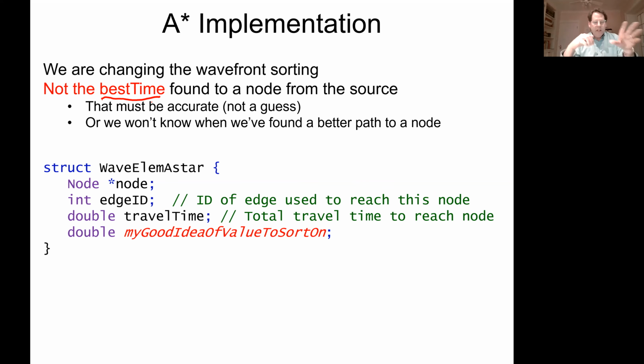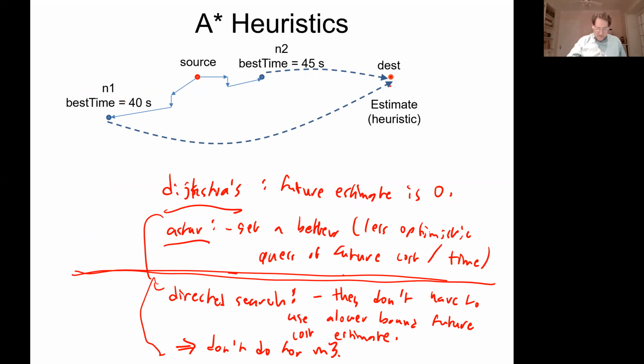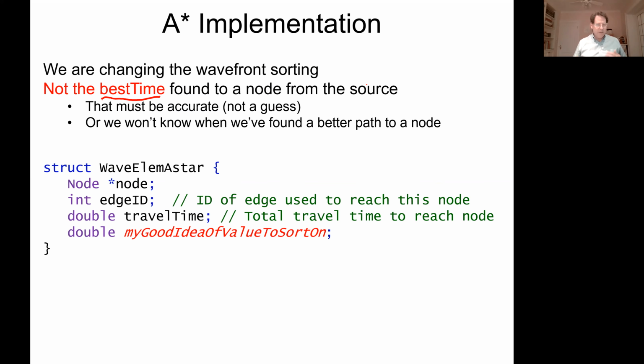So we need this best time, the known cost to get here so far, to be accurate. Otherwise, we wouldn't know when we found a better path to a node. So we want to keep track of both things. You want to know the known cost or best time from the source to me, and then there's an estimate of what's going to happen in the future. And don't mix those two things together in one variable.